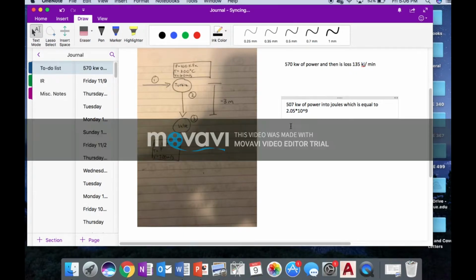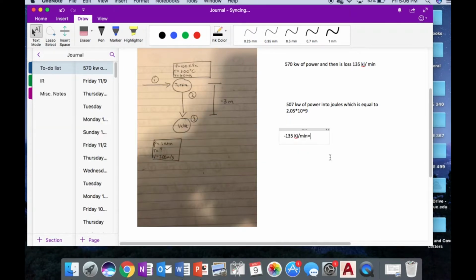And then the heat loss I've converted into kilojoules per hour, which becomes, you turn that, I have the 195 kilojoules per minute, ends up equaling around 8,100 kilojoules per hour.